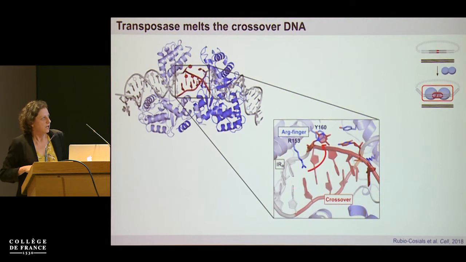The central part of the DNA, this red part that needs to recombine with the target, has been melted by the invasion of an arginine residue from the protein that causes the first base of the central region to flip out, and this distortion then generates an overall distortion throughout the entire crossover region, where the DNA bases are not paired anymore; they are more like stacking to each other.